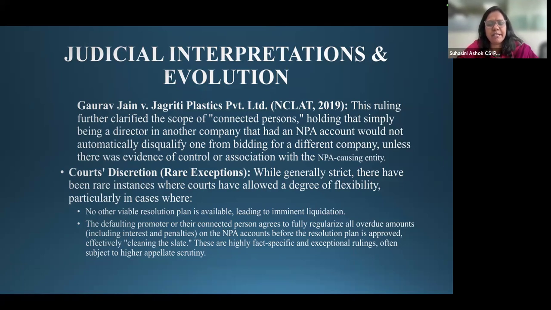Sometimes, in rare exceptions, the courts give a degree of flexibility, but most of the time section 29A is very strictly followed. No flexibility will be allowed, except that very rarely some NCLTs have given fairly flexible options in cases of these kinds of NPAs and controlling companies, or wherever they have these connected persons.